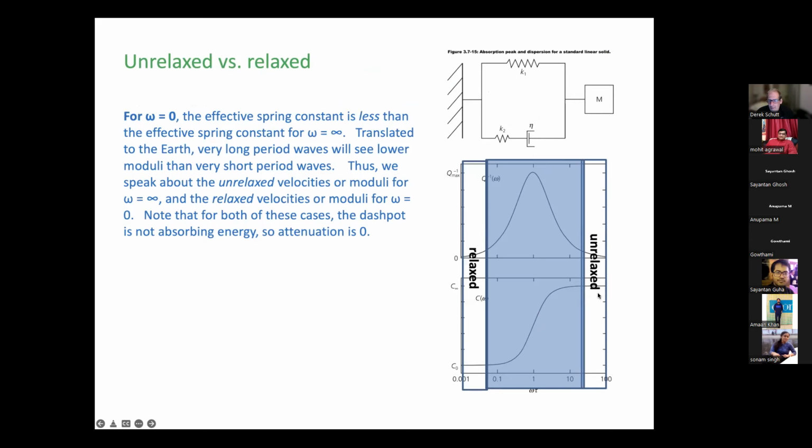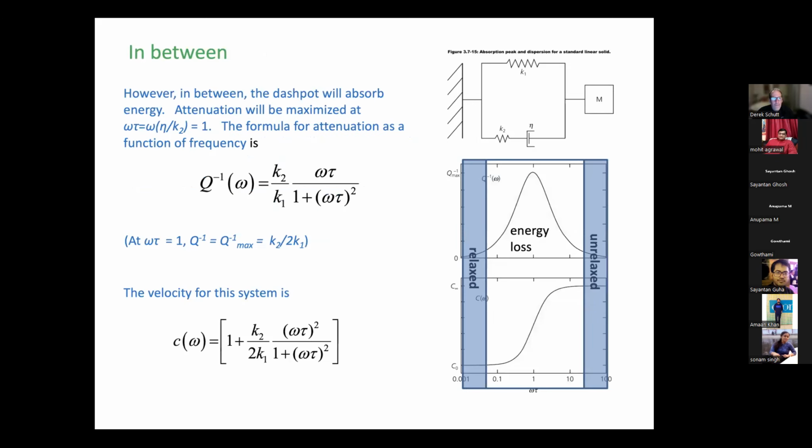So we talk about the unrelaxed velocity as the velocity that infinite frequency waves see, and the relaxed velocity is the velocity that very low frequency waves see. In between, the dashpot will absorb energy, and the formula for attenuation as a function of frequency is going to look like this here.